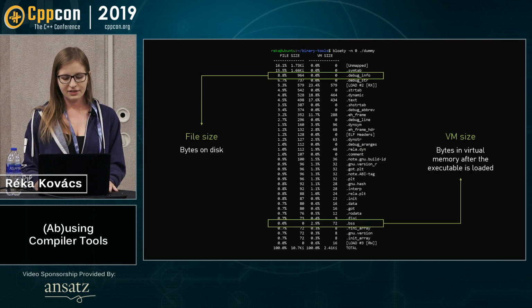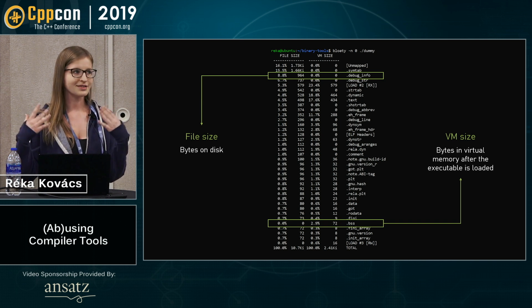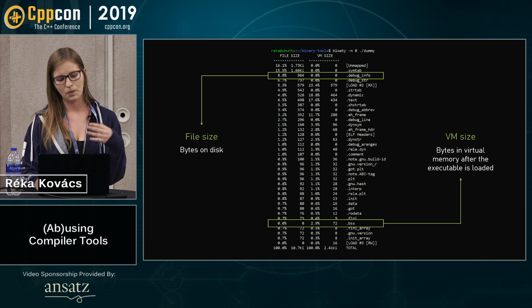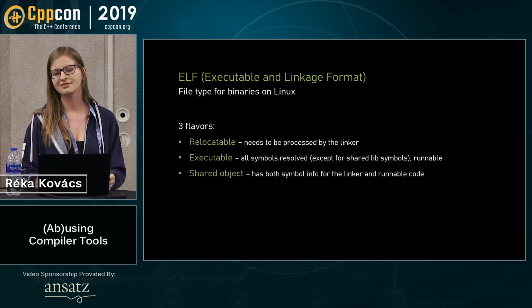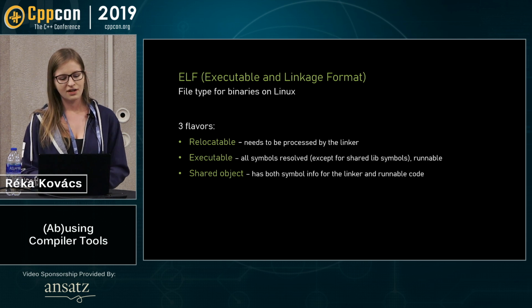To go deeper into what the different parts of the binary that we see on the right-hand side mean, we first need to talk about the file format for binaries on Linux. It comes in three flavors.